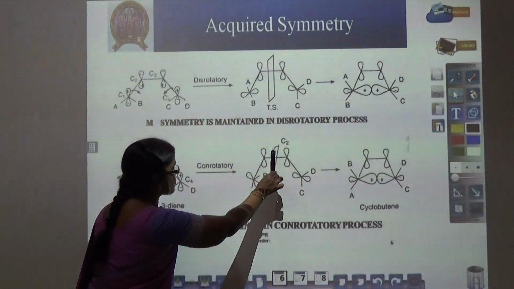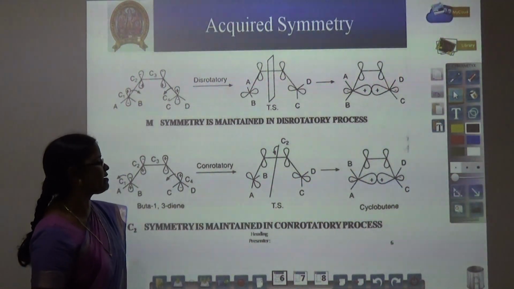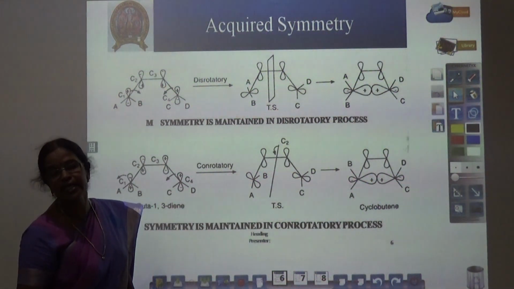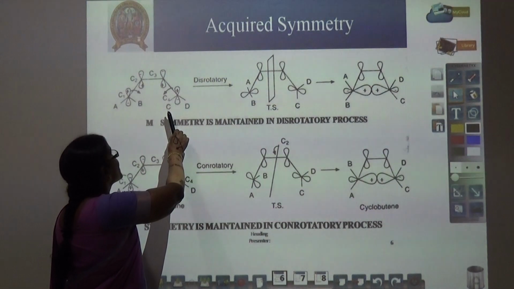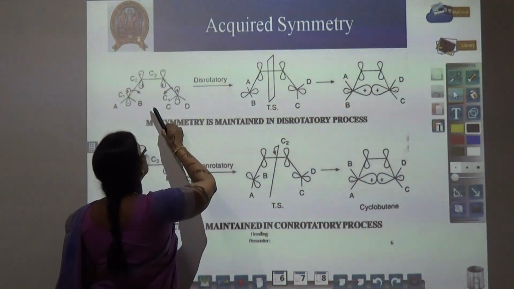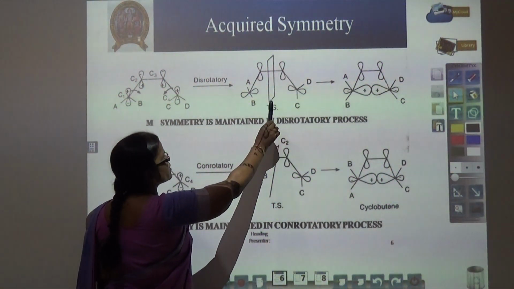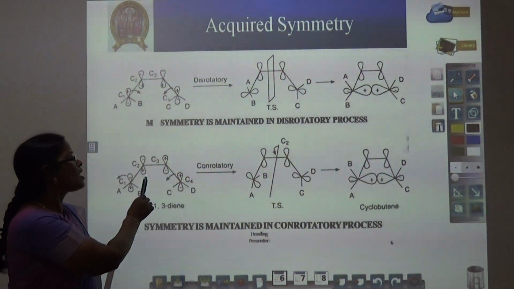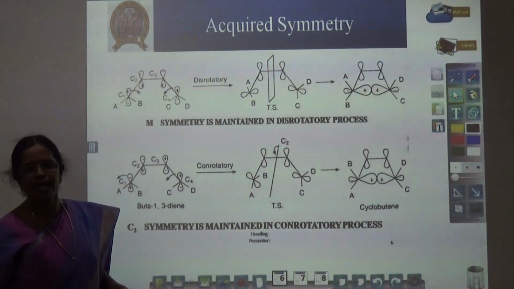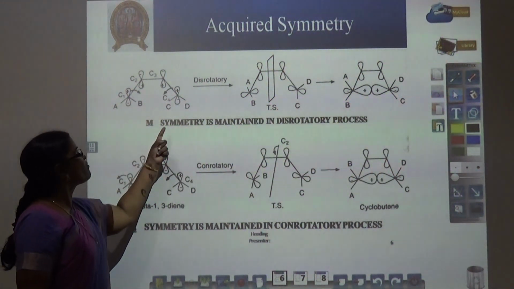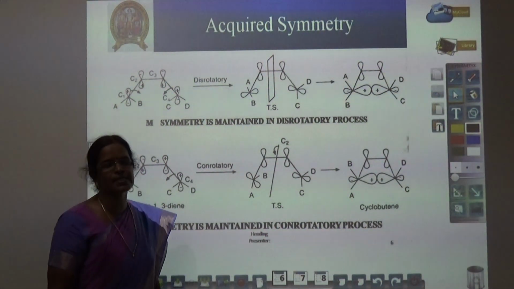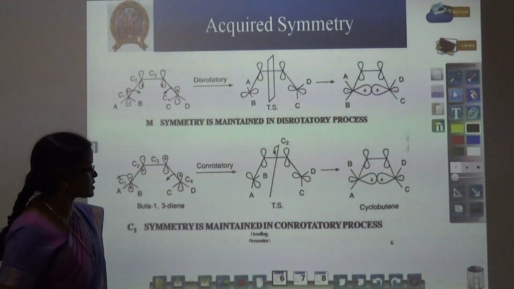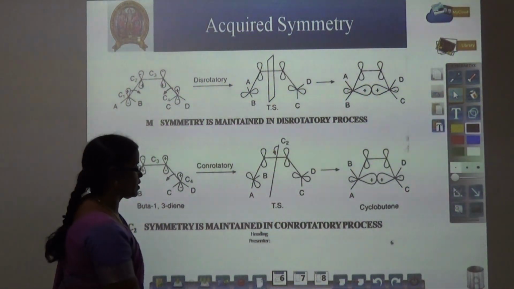Here, by the conrotatory process, the transition state developed has the C2 axis of symmetry, so the acquired symmetry is the C2 axis of symmetry. In this case, after the disrotatory process, the acquired symmetry is mirror plane symmetry. So we can generalize: the acquired symmetry for the disrotatory process is mirror plane symmetry, and for the conrotatory process, it is the C2 axis of symmetry. It is a generalized rule.